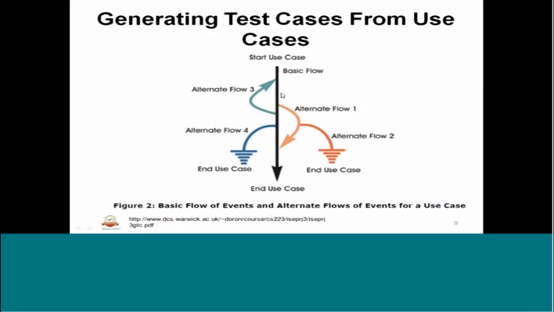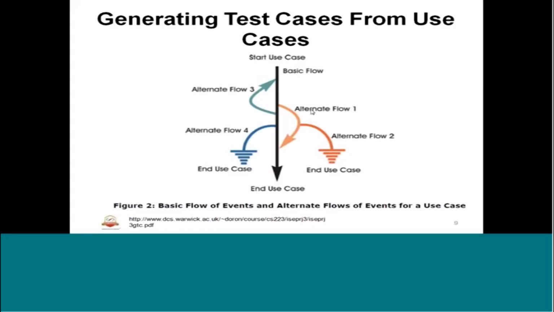The user is going to use that functional block. There is an output, but to achieve that, there could be different flows, alternate flow 1, 2, 3, 4, different colors you can see, and these alternate flows can be derived into subalternate flows as well. In that way, we can have multiple flows, and each one will be addressed by different test cases.